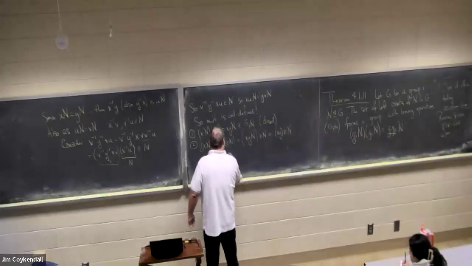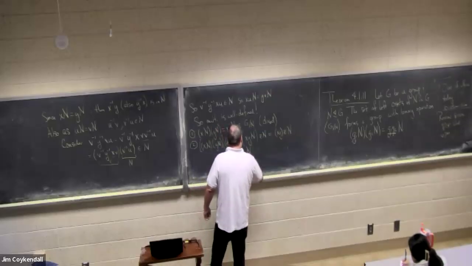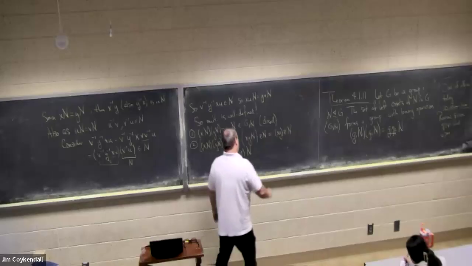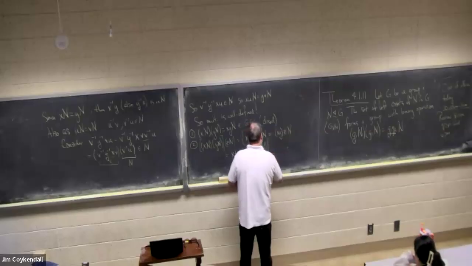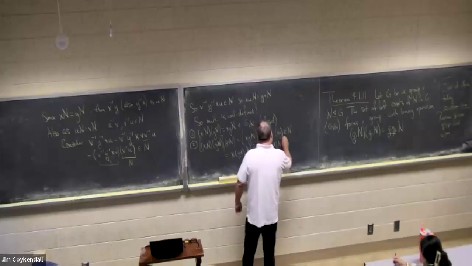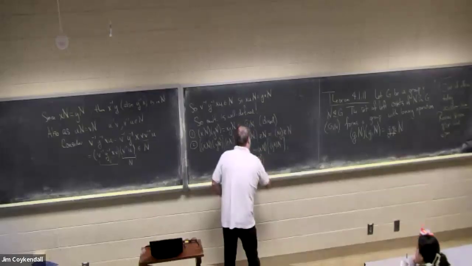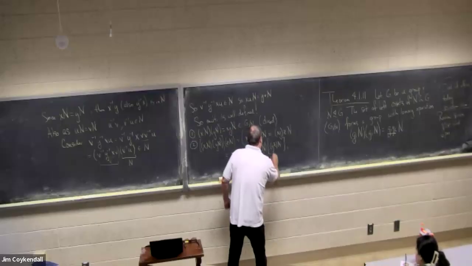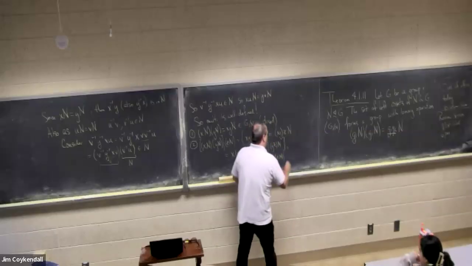So xy then z is the same thing as x times yz, right? And this is xN times yN times zN.